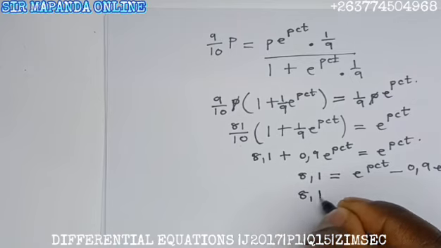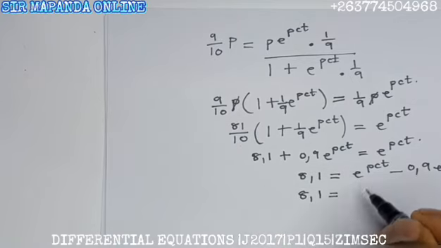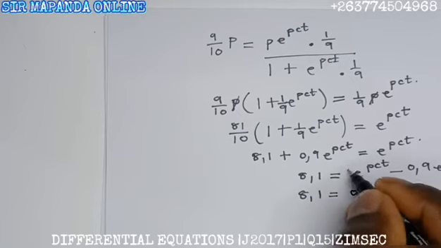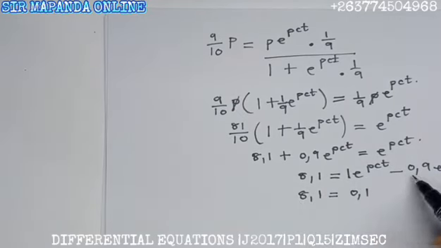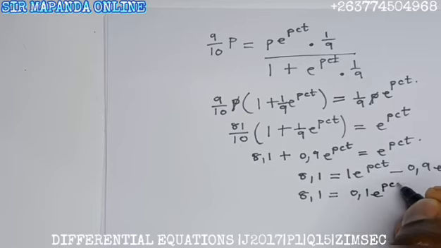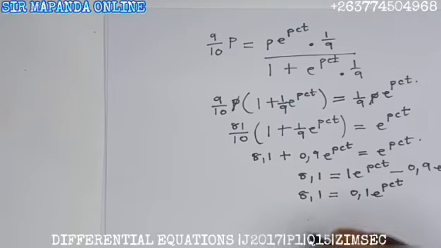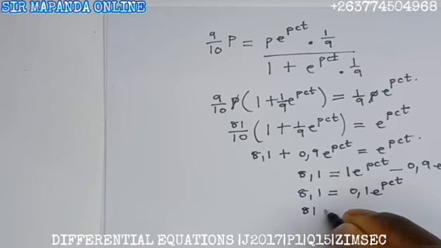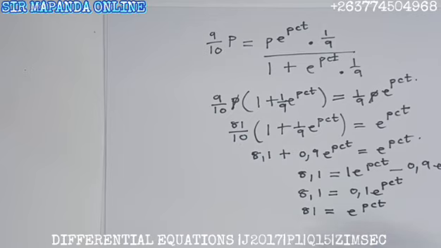You get 8,1 is equal to 0,1 e to the power of PCT, since this is as good as 1, you are saying 1 minus 0,9, you get 0,1. Something like this. Then divide both sides by 0,1. So 8,1 divided by 0,1, you get 81 is equal to e to the power of PCT.